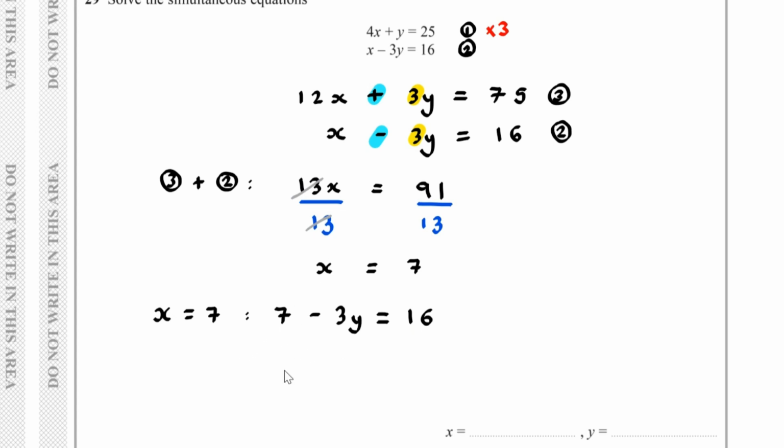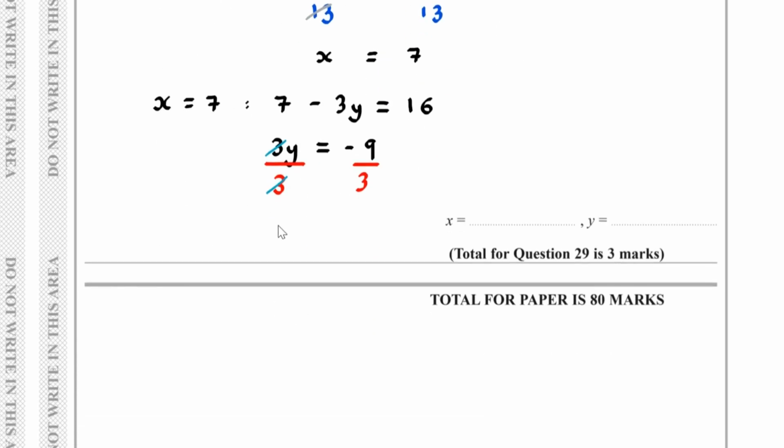And so we see that 3y is equal to minus 9, and dividing both sides by 3, we will find y to equal minus 3. So we have x equals 7, y equals minus 3.